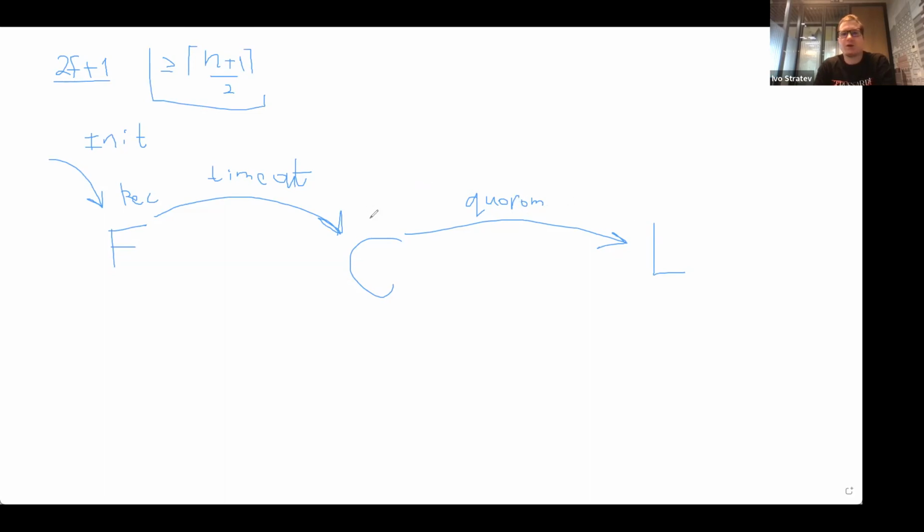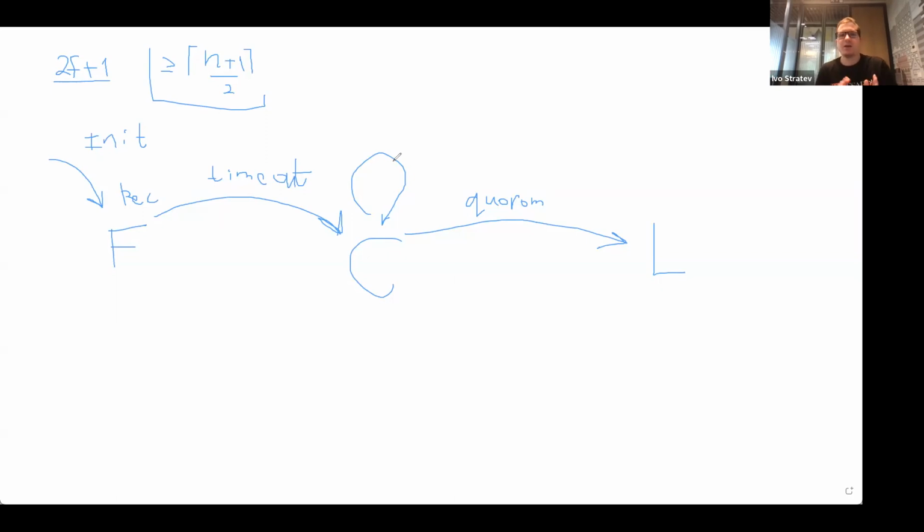But when we are a candidate for becoming a leader, we also might run into a timeout where we cannot gather a quorum. And in this case, we are again going to stay in the candidate role and try again. But in this case, we are going to assume that we are in the next term.